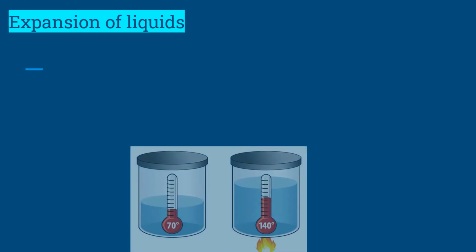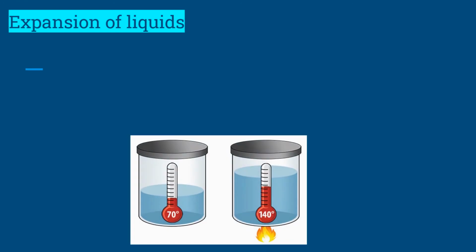We have studied expansion in solids. So in solids there are three types of expansion, that is linear, areal, and volumetric. However, liquids do not have a definite shape, so they can expand only in volume. So let's look at the expansion of liquids. When we heat up a liquid, you can see that its level rises.